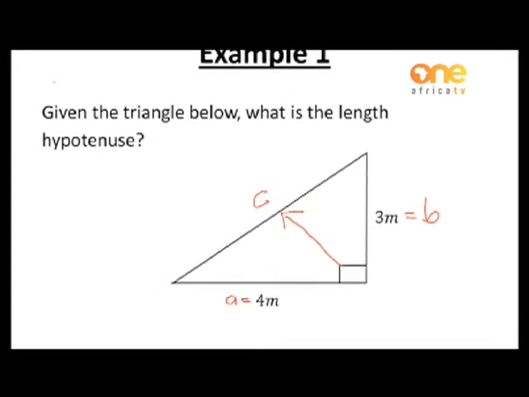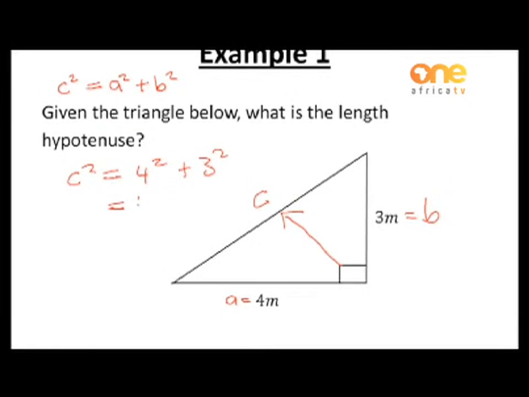So recall, Pythagoras' theorem was c squared is equal to a squared plus b squared. So c squared equals 4 squared plus 3 squared.